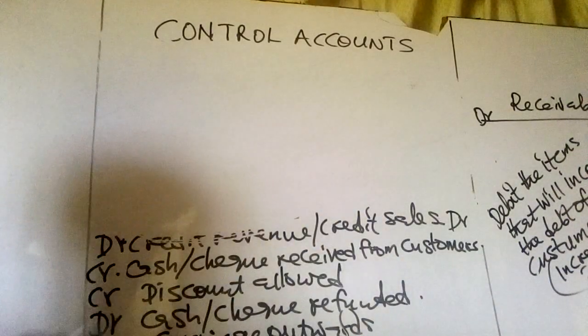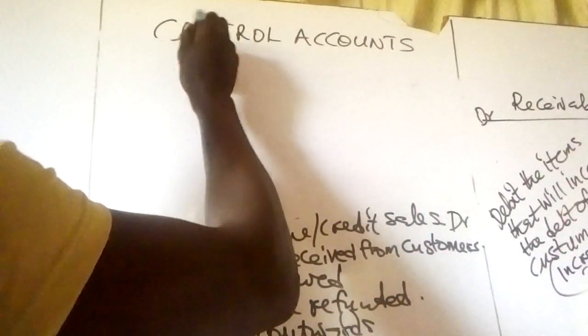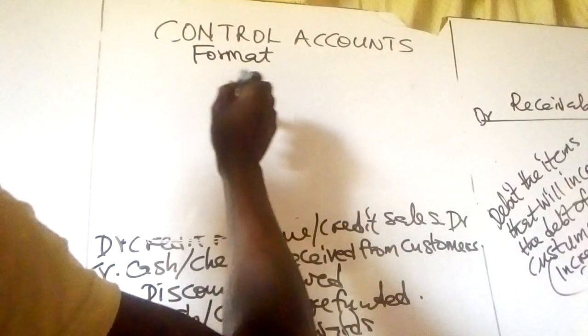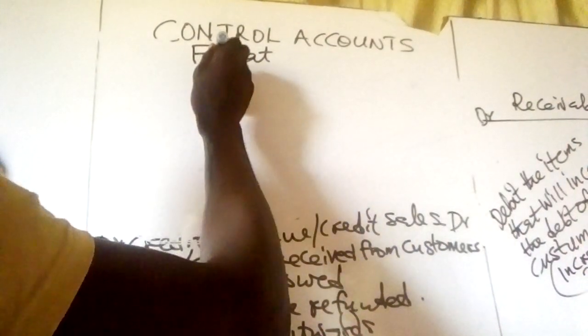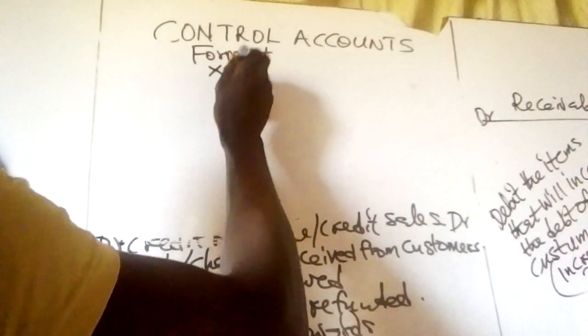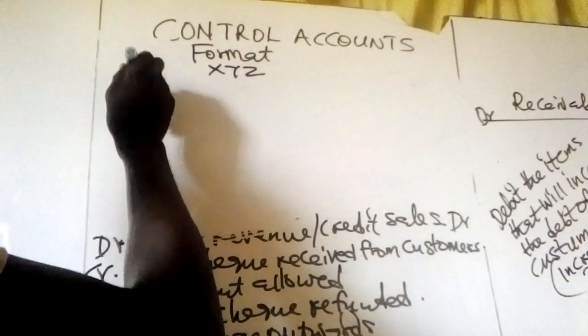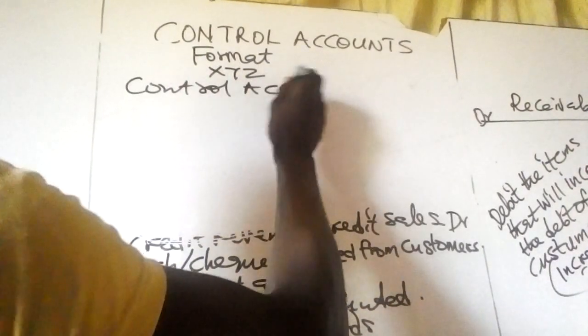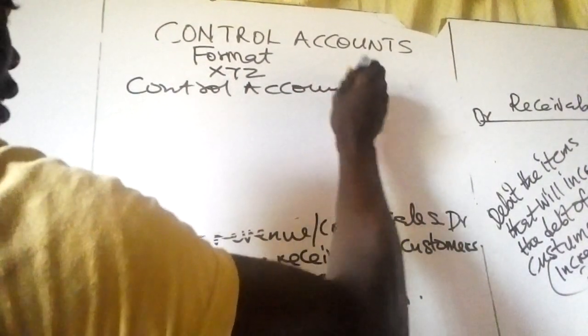So, format of receivable ledger control account. The name of the entity, let's say you have XYZ as the name of the entity, control accounts. The period has to be specified.